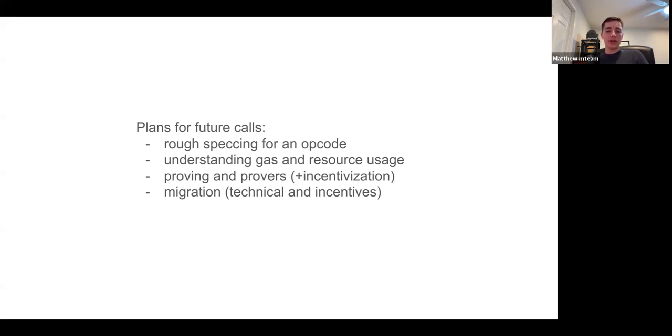And then another one is gas and resource usage. This is one we talked about a little bit here, but how all of the mechanisms that we're thinking about for gas play into the native rollup opcode itself and other considerations as well.